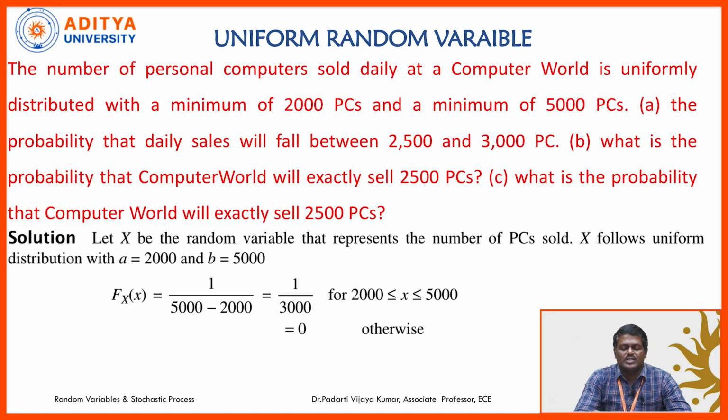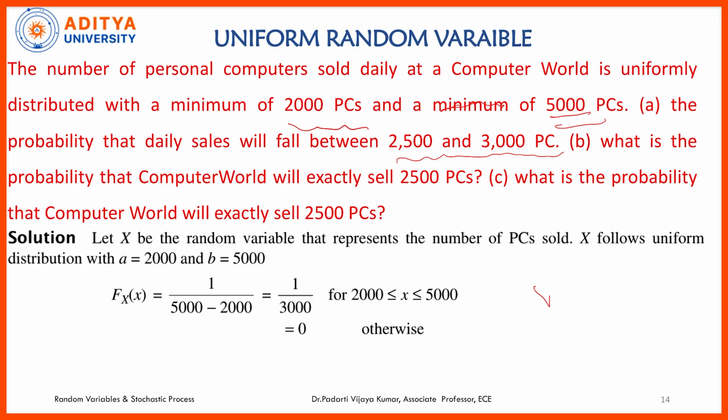The number of personal computers sold daily at Computer World is uniformly distributed with a minimum of 2,000 computers and a maximum of 5,000 computers. What is the probability that the daily sale will fall between 2,500 to 3,000 computers? Firstly, the maximum value b is 5,000, the minimum value a is 2,000.